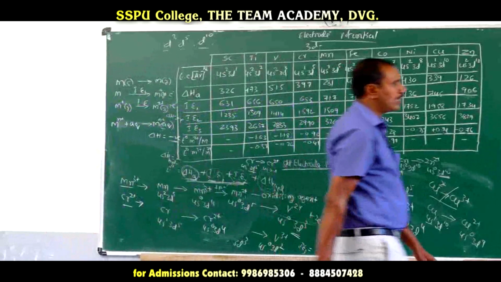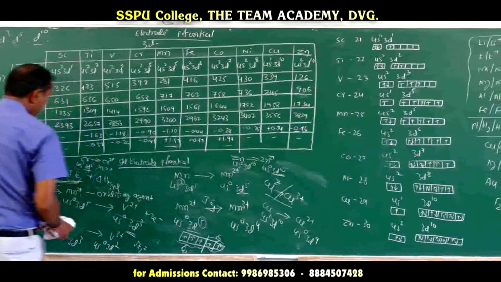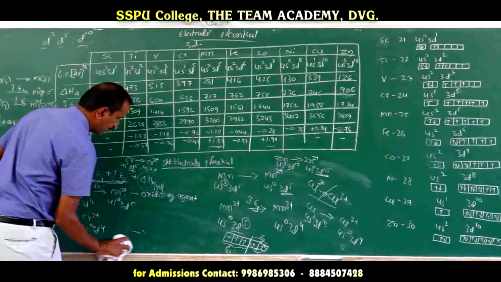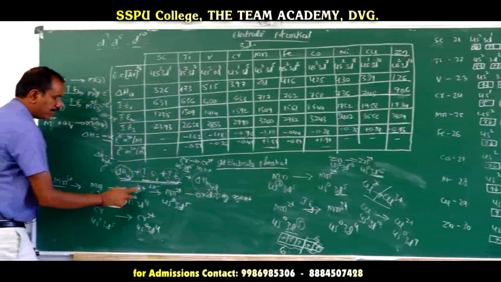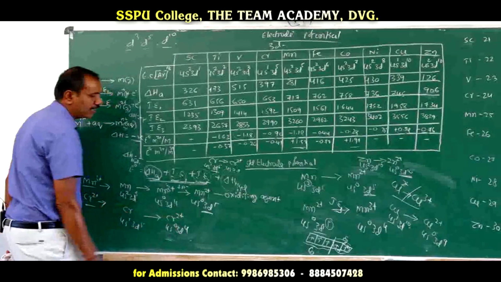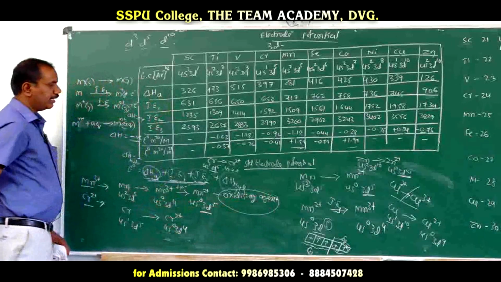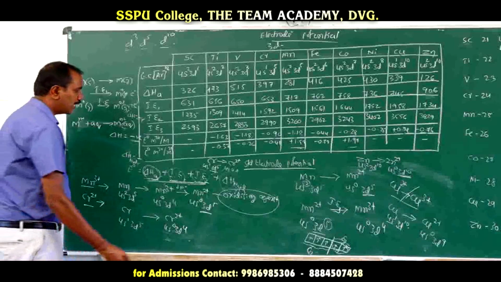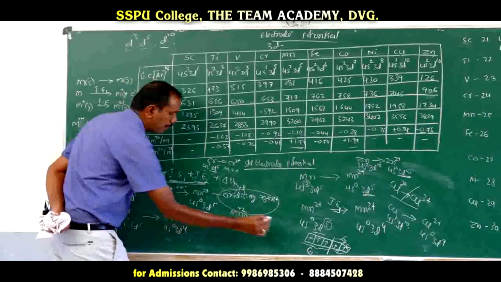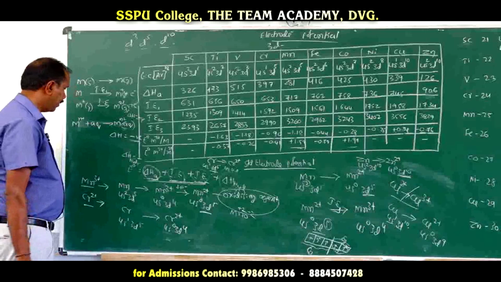Mn3+ becomes Mn2+ by gaining 1 electron, then it attains the stable d5 configuration, hence it acts as a good oxidizing agent. Therefore, we can write MnO compounds: in MnO, Mn is +2 and oxygen is -2. Okay, it is stable.